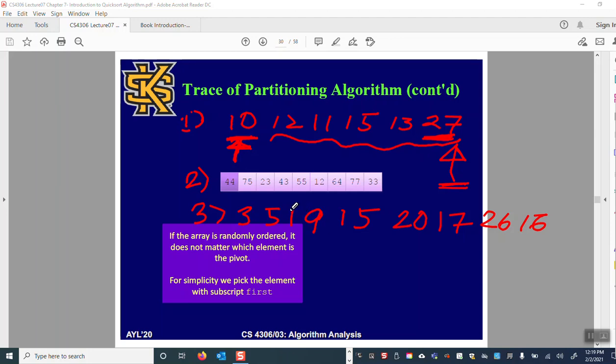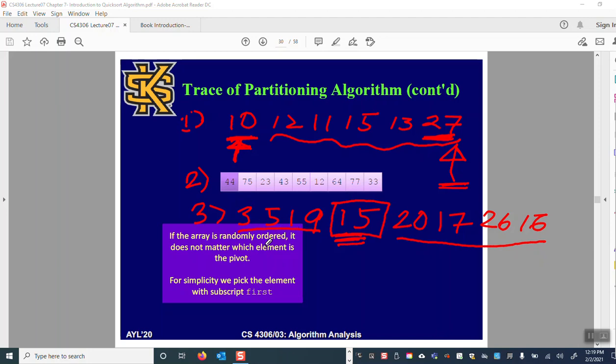In this list, we see that at least this element is in position, right? Whenever we sort this, all of the elements on the left side are less than this 15, and all the elements on the right side are greater than 15. So in this case 15 is in position, but not the other elements.